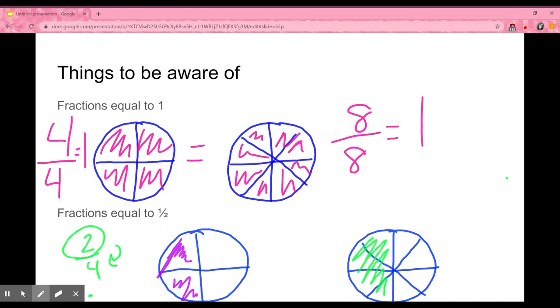So what I mean by that is if you take our numerator, which is 2, and we're going to add that number to itself. So we'll do 2 plus 2. If that equals 4, which it does, that means this fraction is equal to 1/2, because that means 2 is half of 4.